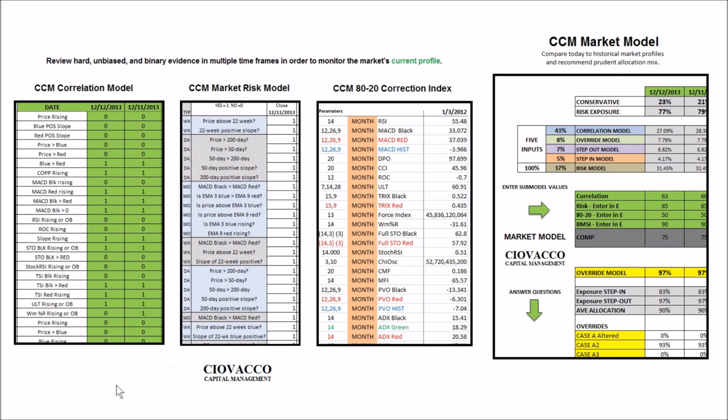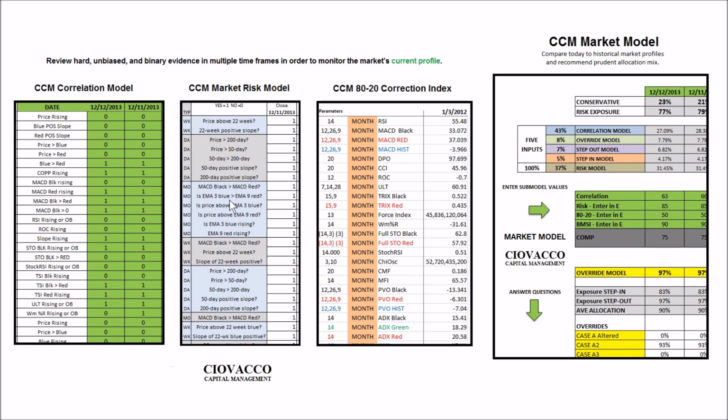How do we track all of this and convert it into a usable and actionable format in a reasonable amount of time? The sub-models, we answer binary questions, some of them manually done, some of them programmed in Excel, and we also enter in unbiased and hard data.